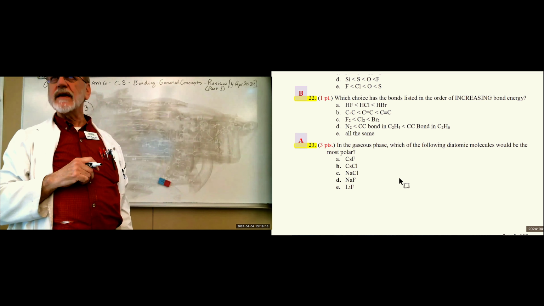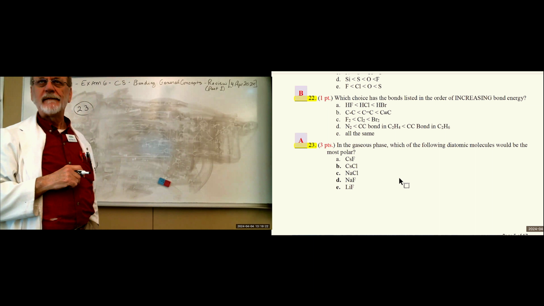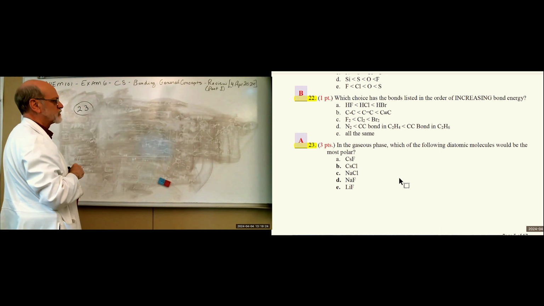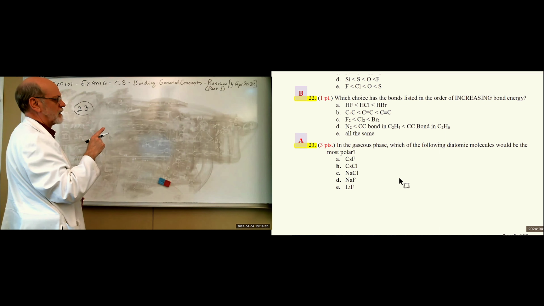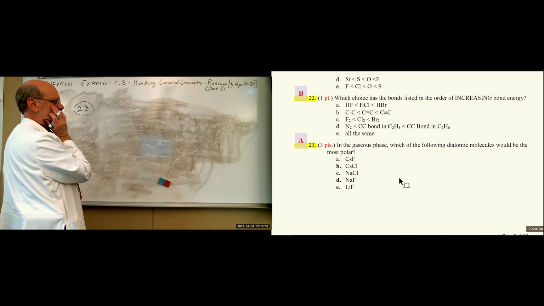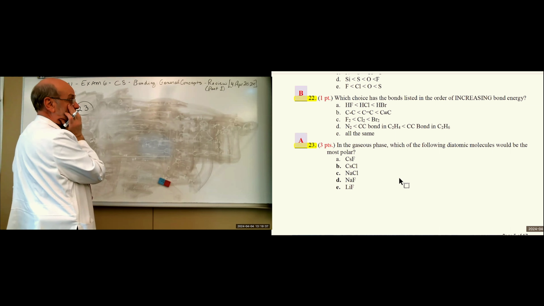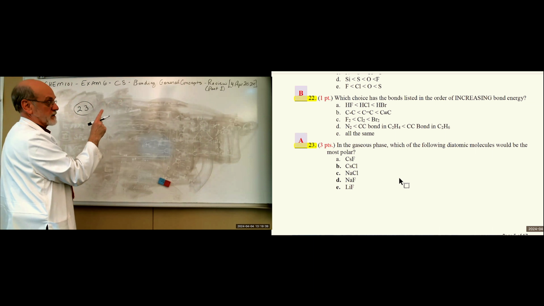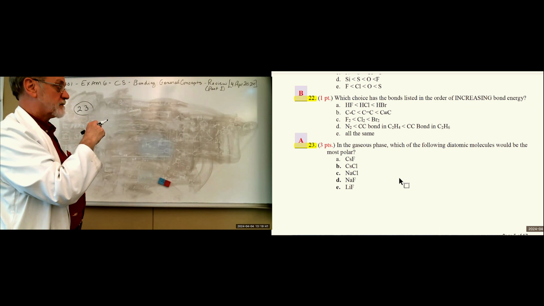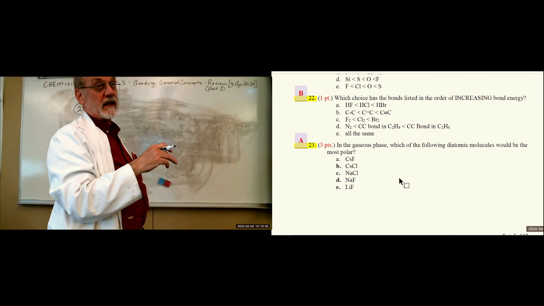In the gaseous phase, which of the following diatomic molecules would be the most polar? Gas phase. Okay. Well, that's important, gas phase, because at room temperature, cesium fluoride would be a solid.